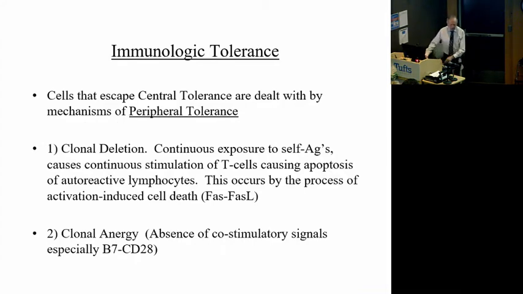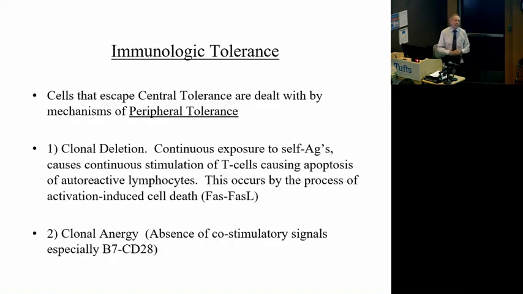Now, clearly, people with autoimmune disease have lost central tolerance. For some reason, you see, they've lost central tolerance. And we know that cells that escape central tolerance, most of them, are dealt with peripherally by what we call peripheral tolerance.